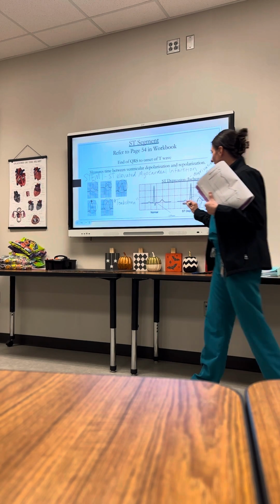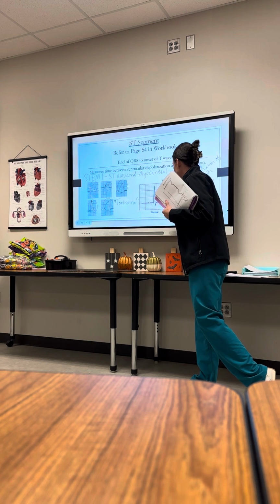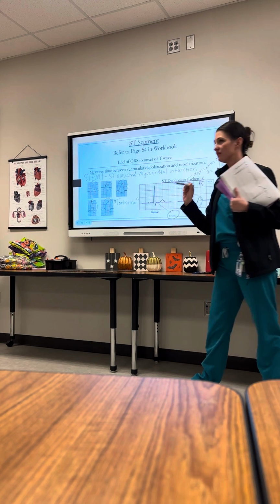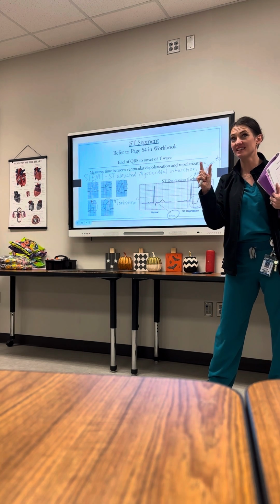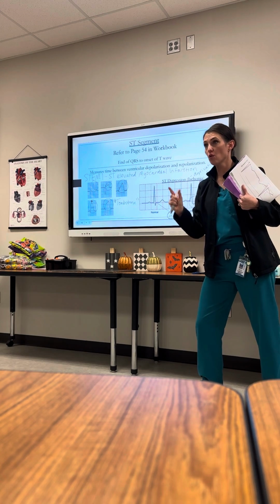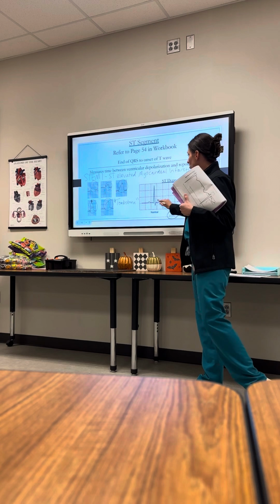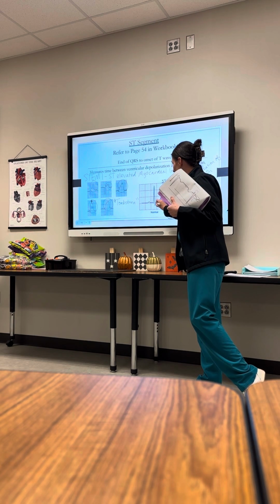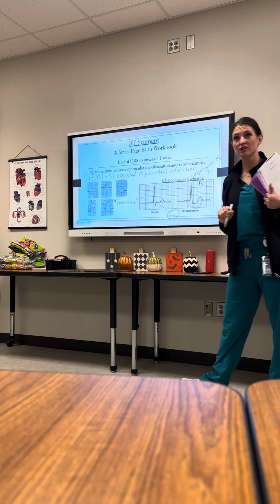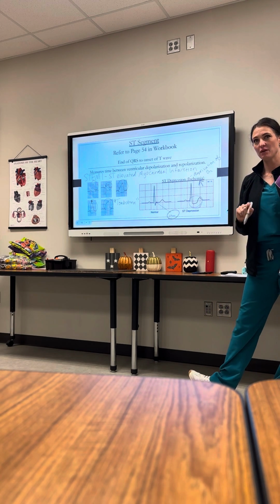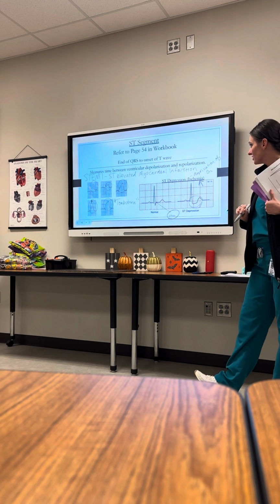Something else to point out and note is your J point. One way to help us decide if this ST segment is elevated or depressed is this J point. It's literally this point right here where the T returns to the isoelectric line. And we'll label it here on page 49 in just a second.